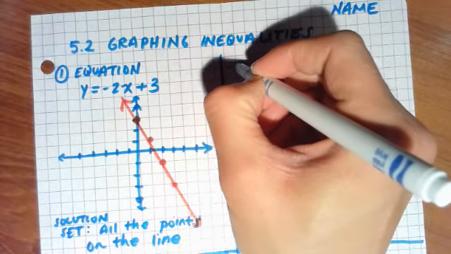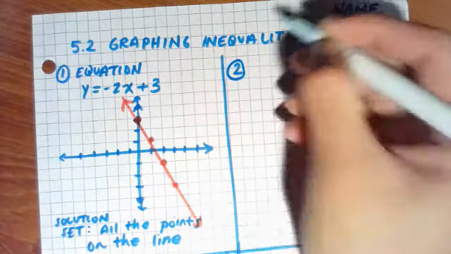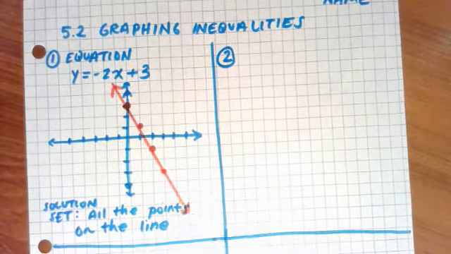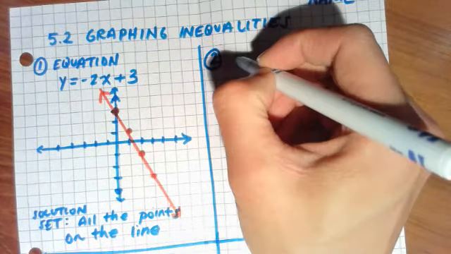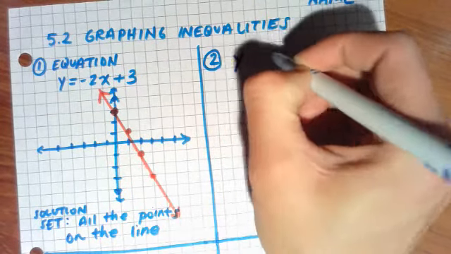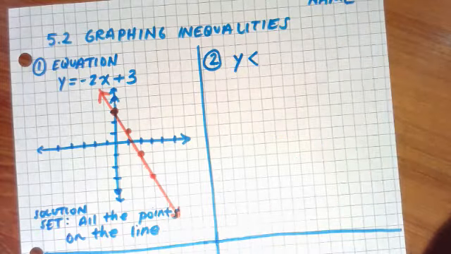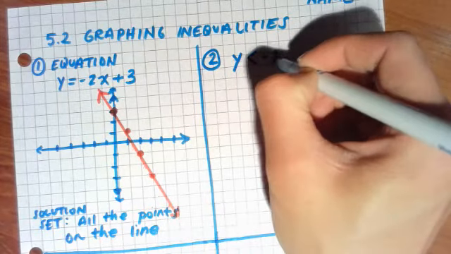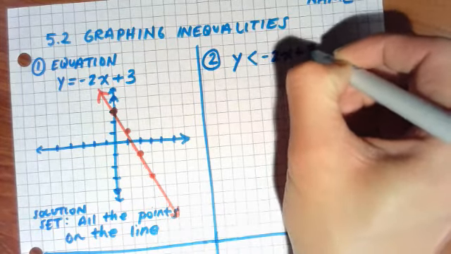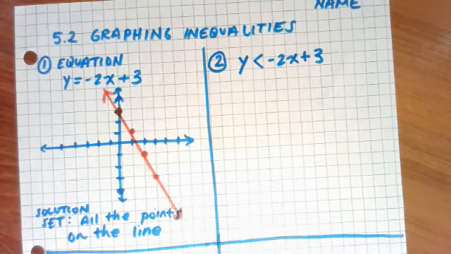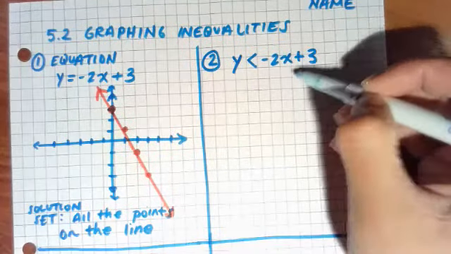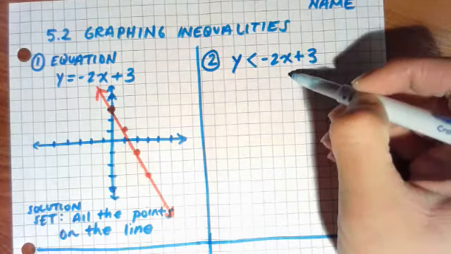Let's do another example. This is example number 2. In this one, I want you to write y is less than negative 2x plus 3. And let's do an xy coordinate plane again.